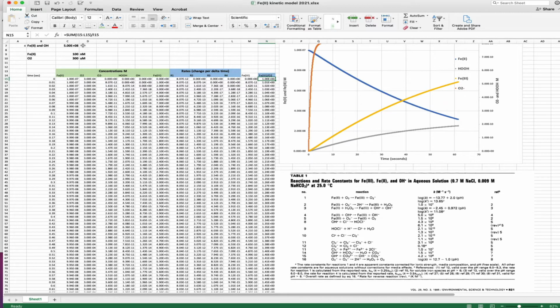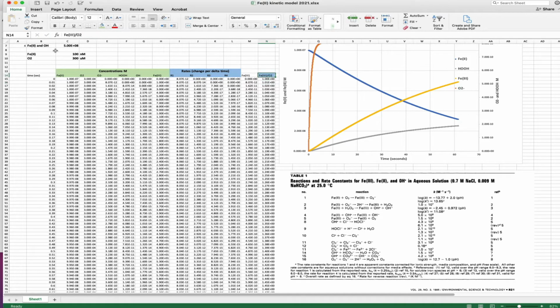Let's go see if it's the sum of all of the rates. So that's the sum of the loss of iron 2 to the rate R1. So again, it's the loss of iron to all of the mechanism to the loss of iron due to the first or the oxygen-based reaction.